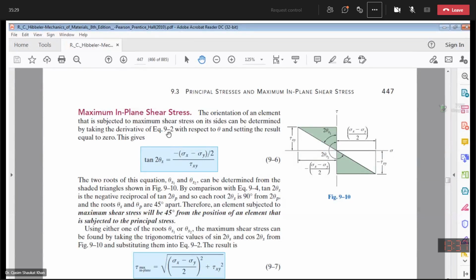So what you will do, you will take the derivative of this equation with respect to theta, and then you will equate the derivative equal to 0. Fine, and after simplification you will get this equation. Guys, please do this yourself, and afterwards I will let you know how to do it.